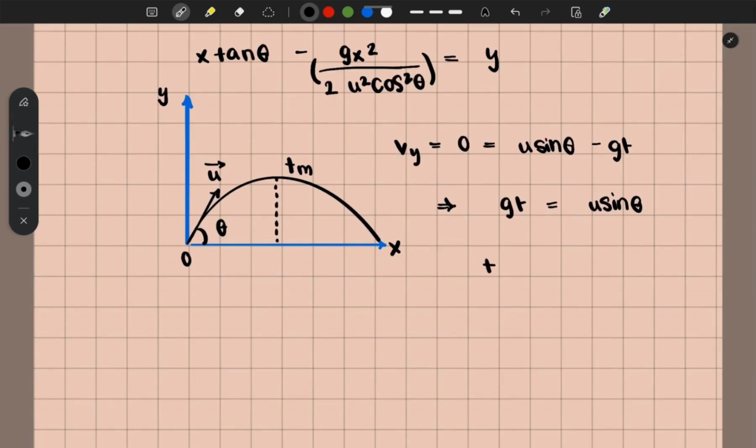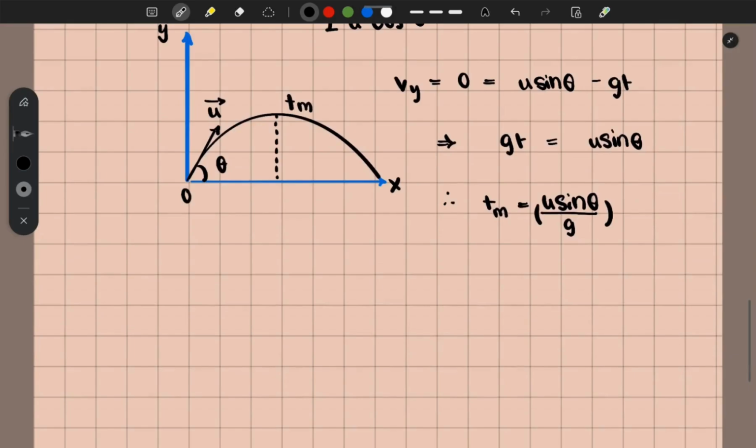Therefore, t is equal to u sine theta divided by g. So that gives us the time at which the projectile is at its highest peak.